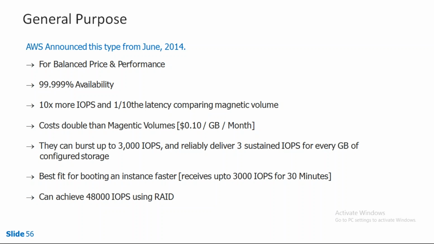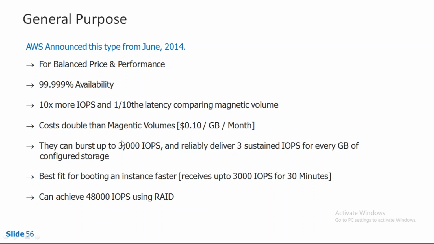So 10 times more IOPS and 1/10 of the latency compared to magnetic volume. If you take a magnetic volume, that will not have much throughput, so there may be a chance of latency. Then it costs double that of magnetics.